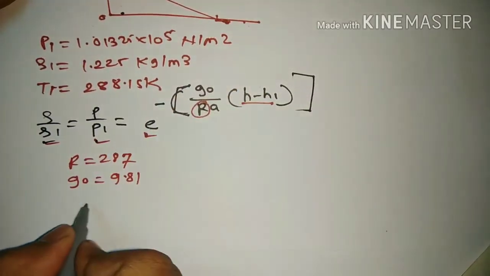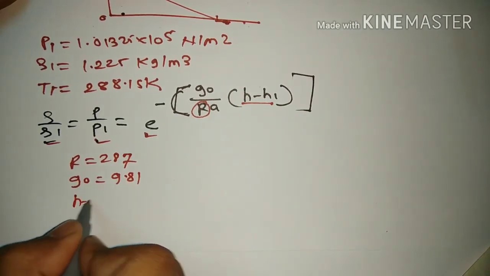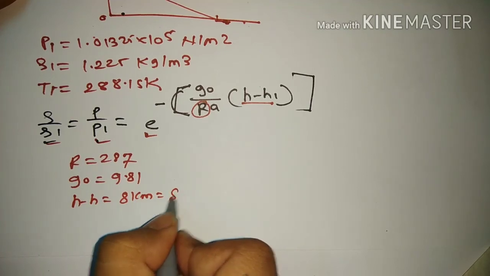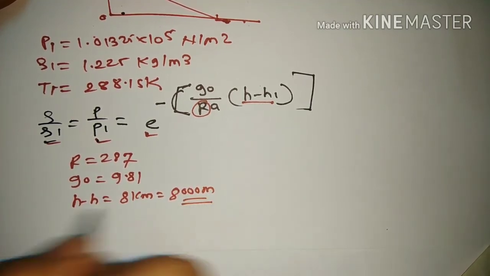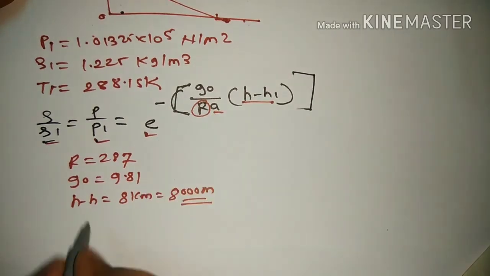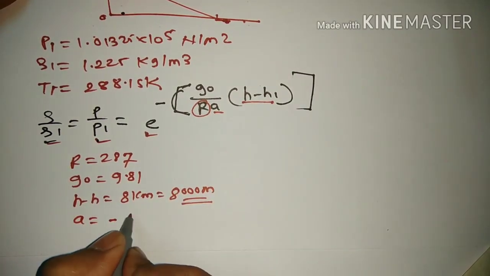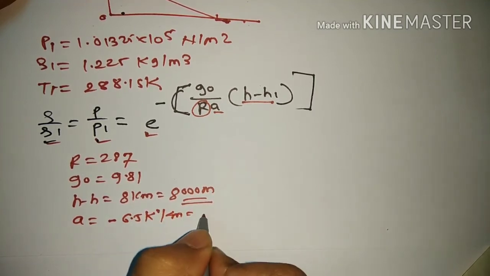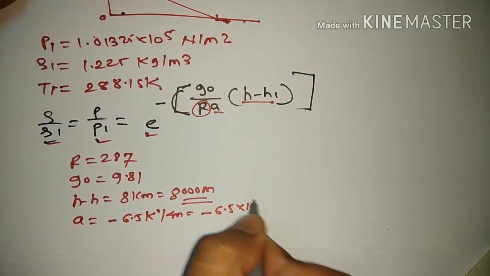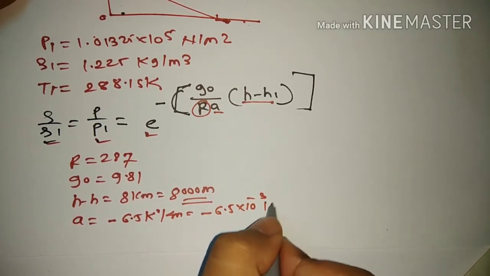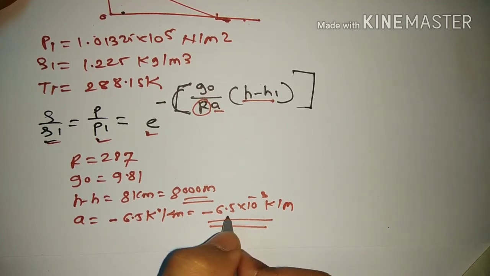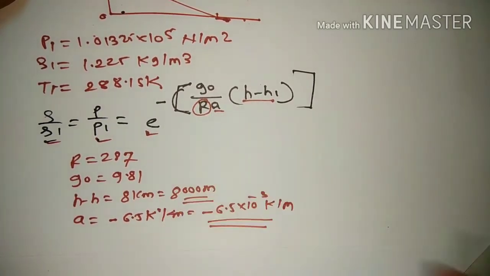The difference between heights, H minus H1, is 8 kilometer, which is 8,000 meter. A is the lapse rate, which is 6.5 Kelvin per kilometer, or minus 6.5 into 10 raised to minus 3 Kelvin per meter. We have to use everything in meters, so we put this value in A.